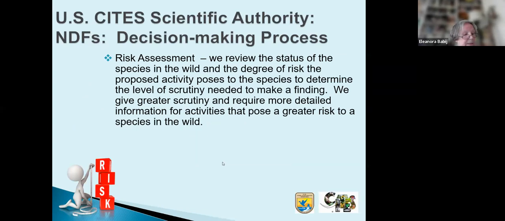For several reasons, not all applications are subjected to the same level of scrutiny. Due to the degree of risk involved, some applications are more closely reviewed than others. For example, for biological or conservation reasons, some species have high risk factors and merit greater attention. In addition, we usually look more closely at native species versus exotic species as well. Next slide, please.